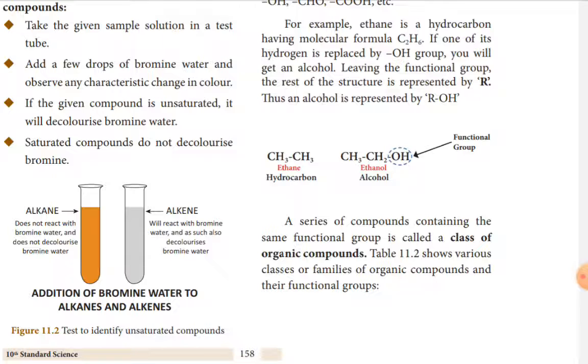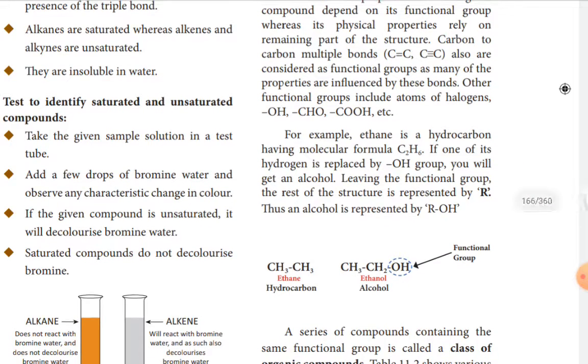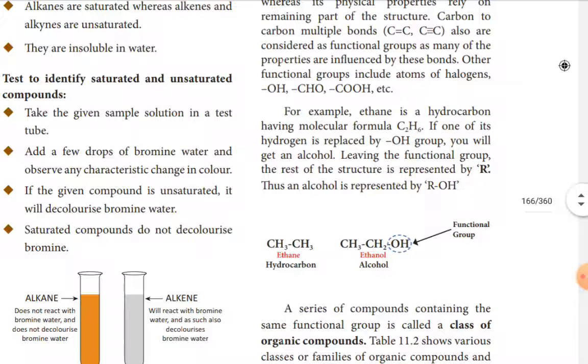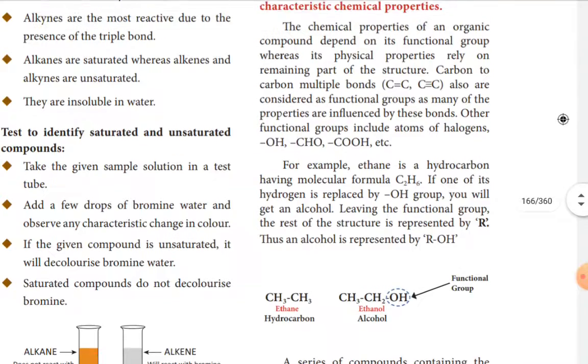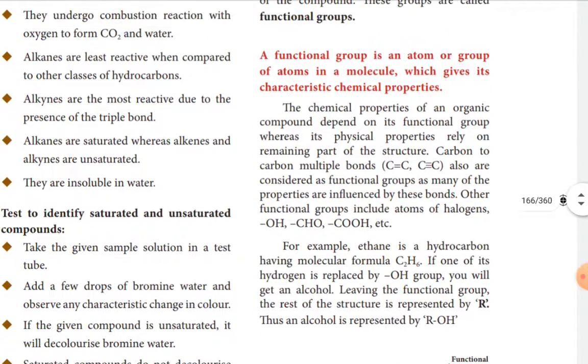So if one of the hydrogens is replaced in the parent hydrocarbon, it gives a different kind of compound like alcohol, aldehyde, ketone, acid, ester or ether. This part, OH or COOH or CHO or COR, these groups are called functional group, because these groups only define the chemical property of this compound.